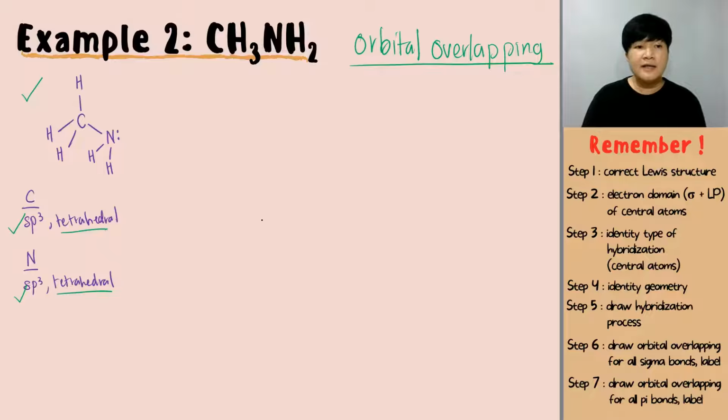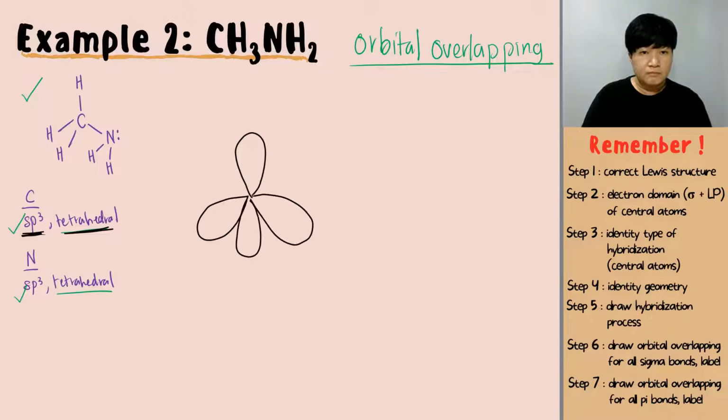Okay, and let's start off with my carbon central atom, which is sp3 in the shape of tetrahedral. So that is my sp3 for my carbon central atom. Make sure you label all of them sp3 and label the carbon.